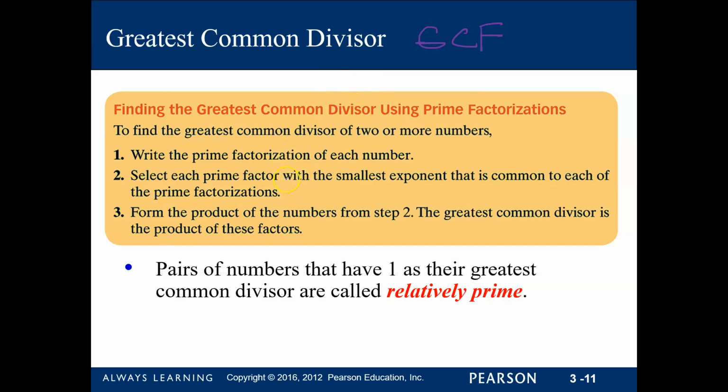When we are finding the greatest common factor, we write any number into its prime factorization form, and then we identify which prime factors are found in both of the given numbers. Now if the GCF of two numbers is 1, meaning they don't have any common factor except for 1, they are what we call relatively prime.